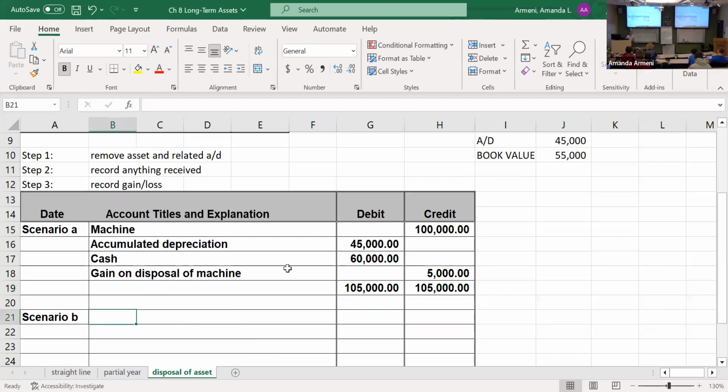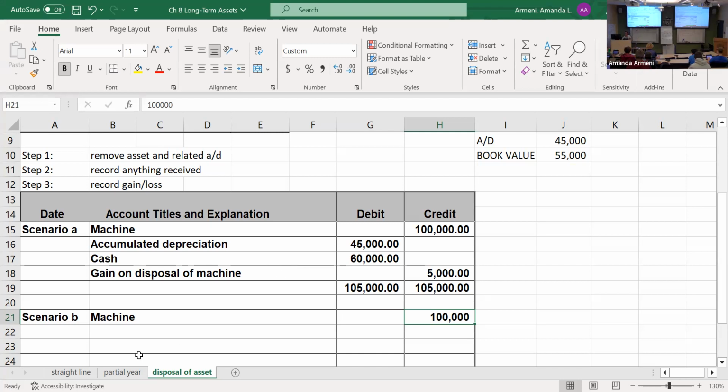Step 1, make an entry to remove the machine and the accumulated depreciation. It's going to look just like the first one, right? Our machine needs a credit of 100,000. That will make it 0. That's what we're trying to do. Make the balance 0. If it has a debit of 100,000, then you make a credit of 100,000.